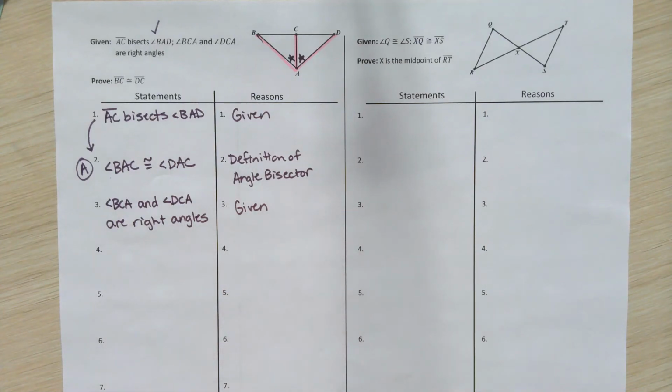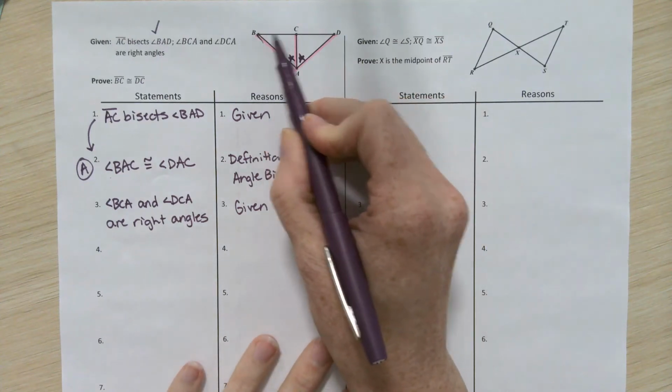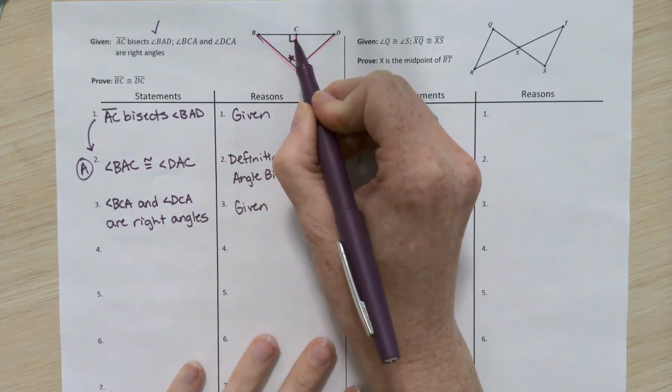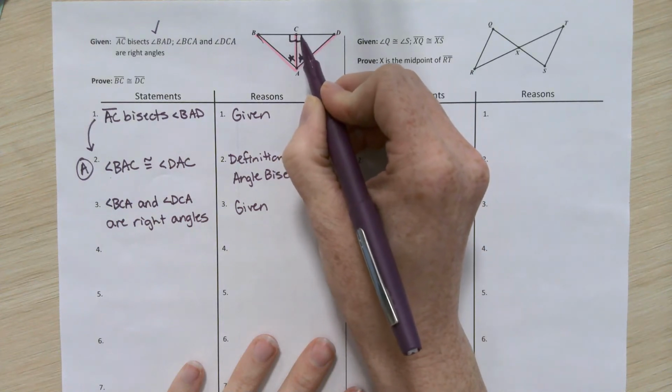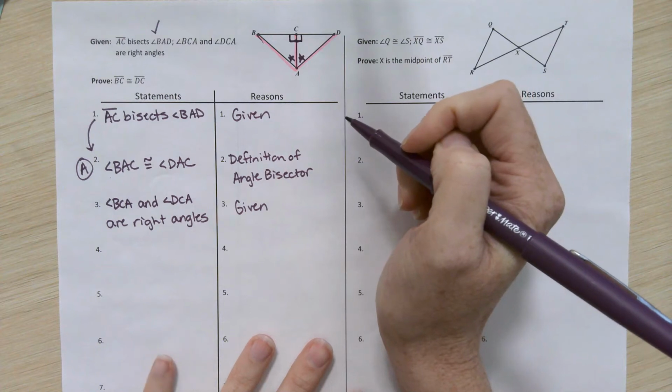Sometimes right angles mean that we're investigating HL, hypotenuse leg, but other times right angles are used as a set of congruent angles. And we have to make sure we know which direction to go, because if they need to be congruent, I haven't said that yet, and we need to do that next. So let's go ahead and mark out angle BCA is right here, and angle DCA is right here. Now let's make the decision.